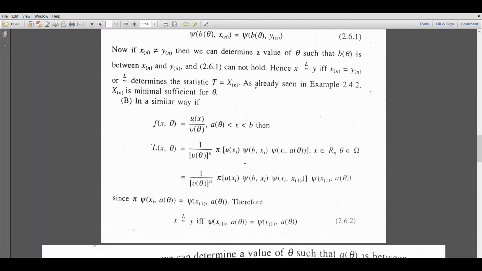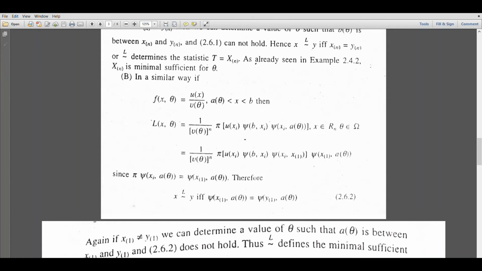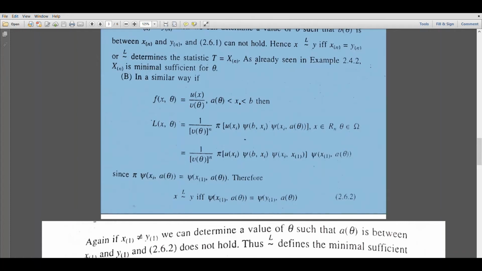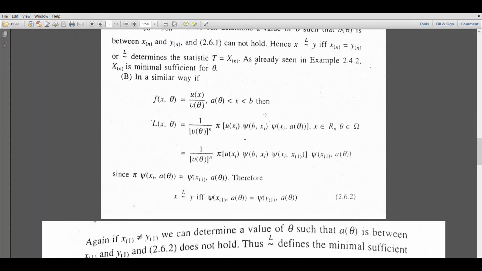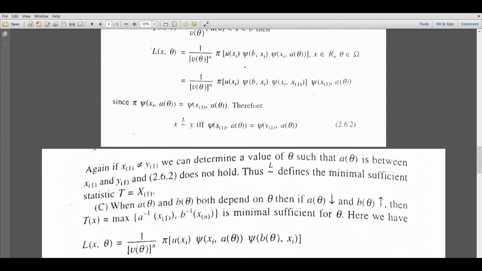In a similar way, we can also prove the condition where the upper limit b(theta) is a constant and a(theta) is a function of theta. Writing the same conditions, considering the likelihood function, and also adding this condition using the function psi defined as above, and solving, we get that the minimum order statistic, or the first order statistic, is minimal sufficient for the parameter theta.